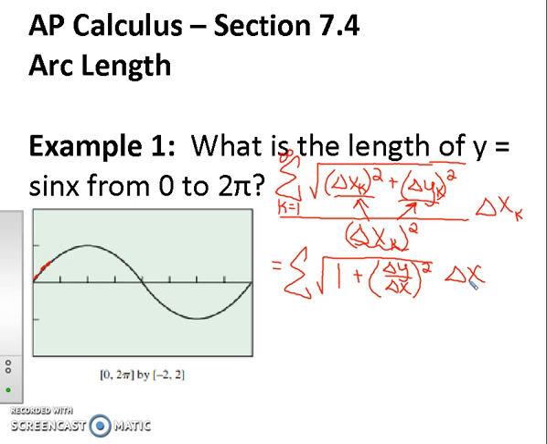Okay, now that's how we write it if we're doing sigma notation like that with the deltas. But one thing we learned when we did integrals is that doing an infinite sum like this is the same as doing an integral of this function, but instead of saying delta y over delta x, we would say dy over dx.